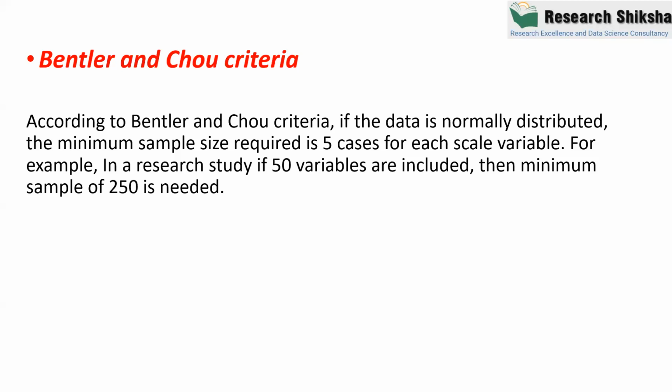Now, what is this Bentler and Chou criteria? It says that if your data is normally distributed and you are satisfying the criteria of 5 cases for each scale variable, then your sample size is sufficient.